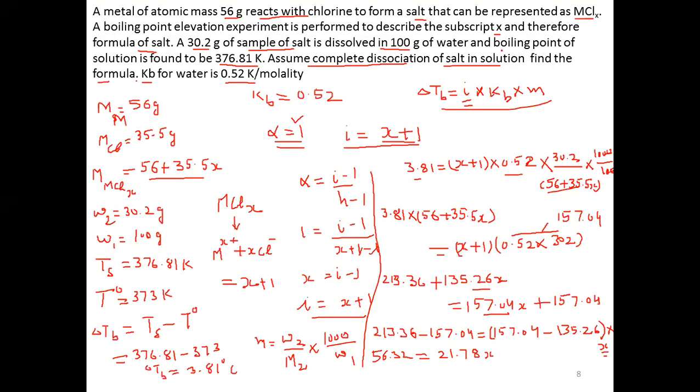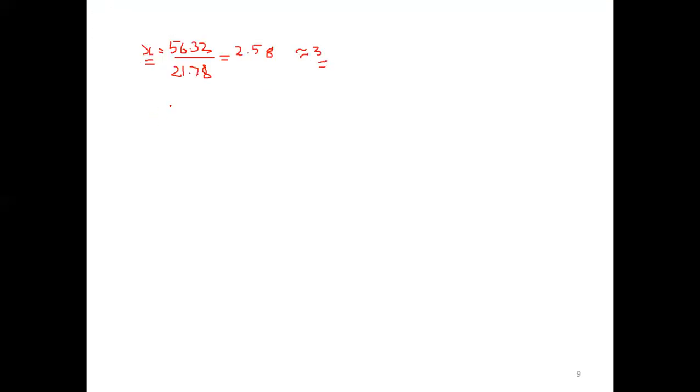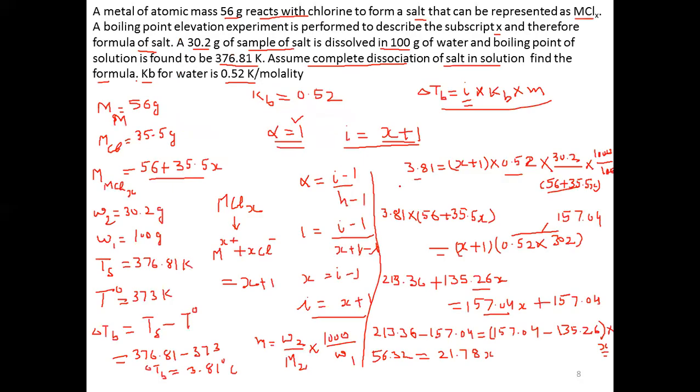So if x is 3, that means the formula is MCl3, or more precisely it is MCl2.58. As the metal with atomic weight 56 is Fe, it is FeCl2.58, or approximately we can write FeCl3.